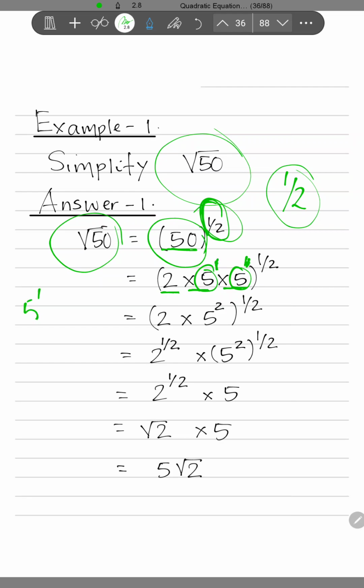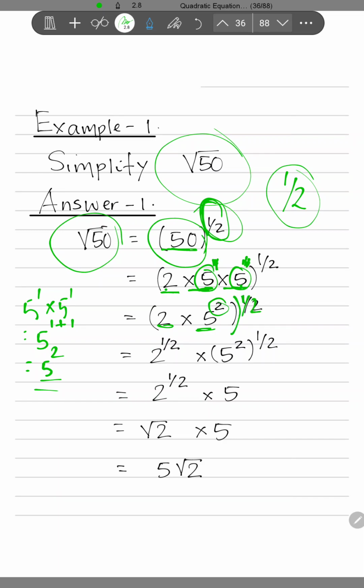Then 5 to the power of 1 multiplied by 5 to the power of 1 is 5 to the power of 1 plus 1. The exponents will be added, which is 5 squared. Okay, I have this one. Very good. Then 2 times 5 to the power of 1 times 5 to the power of 1 itself is 2 times 5 to the power of 2. I have this one. Very good.